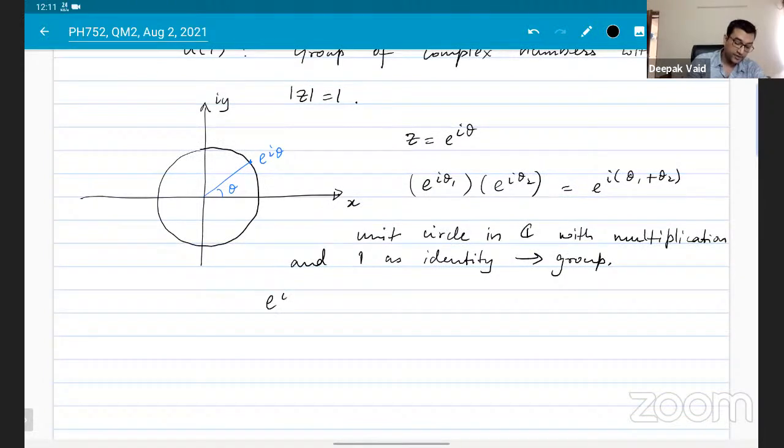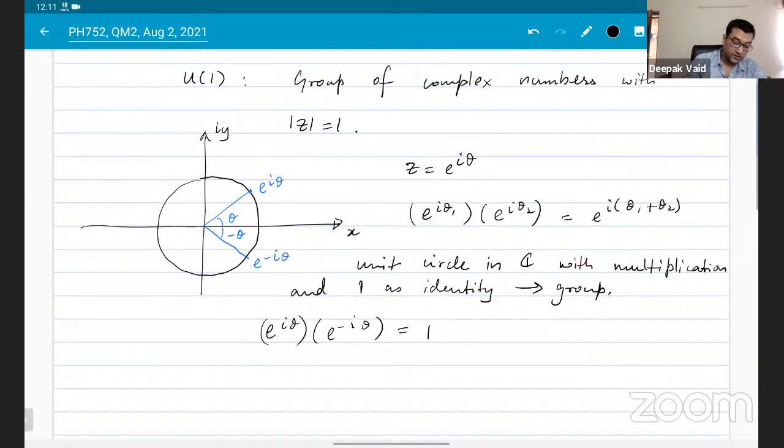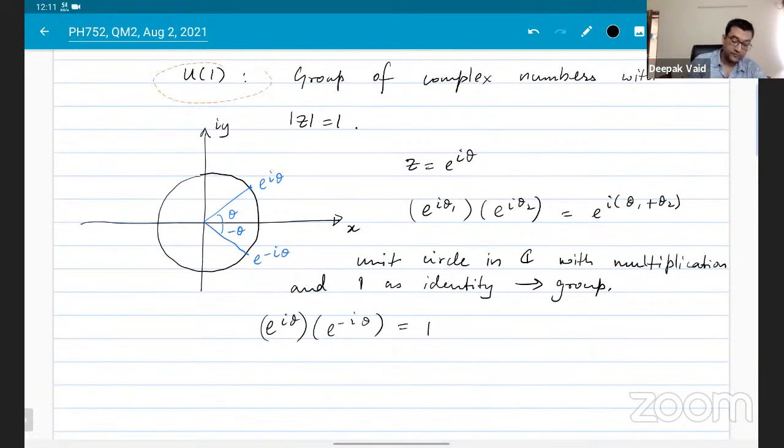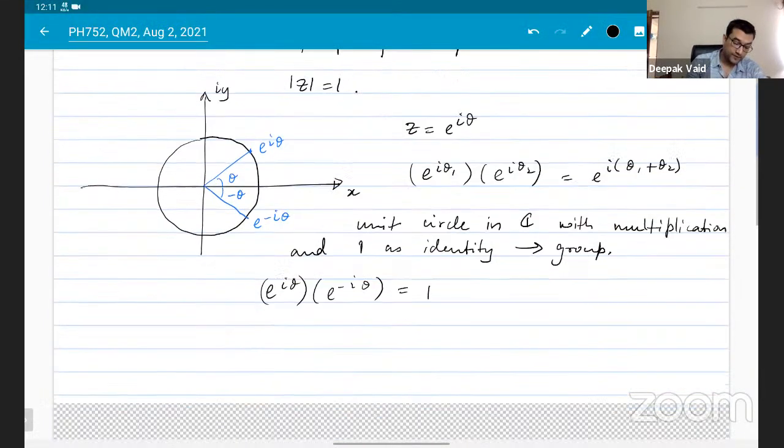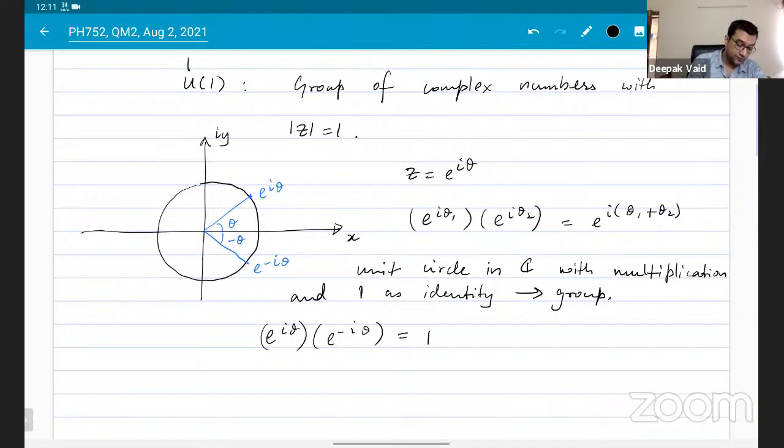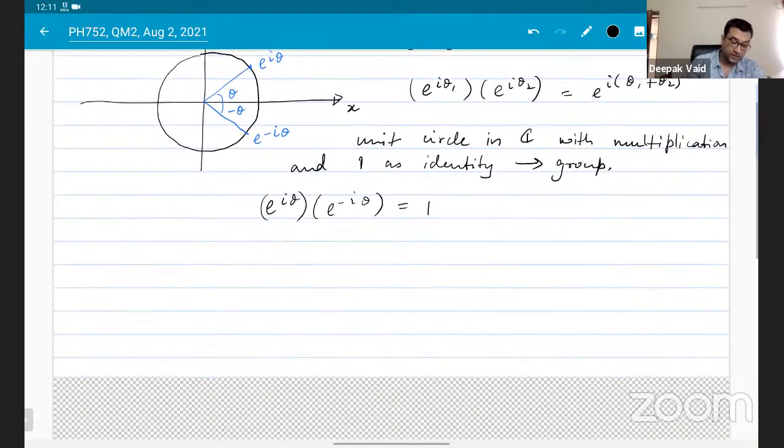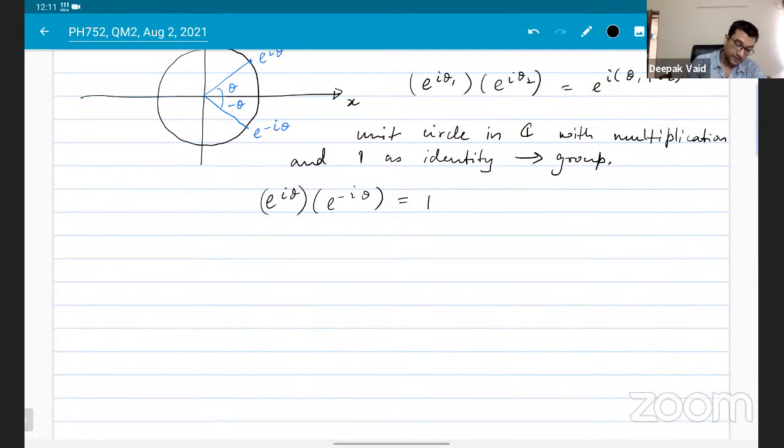And for any element, there's also a unique inverse, which is just given by e to the minus i theta, right? Now I'll tell you in a second why it's called U1. Okay. The U here stands for unitary. Okay, so I'll explain that in a little bit.